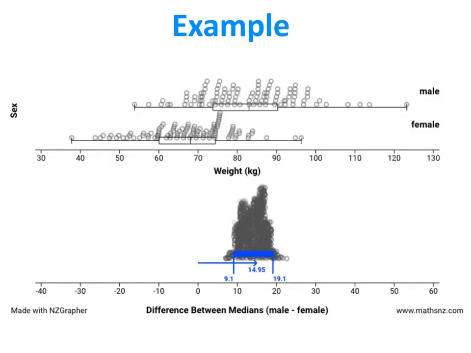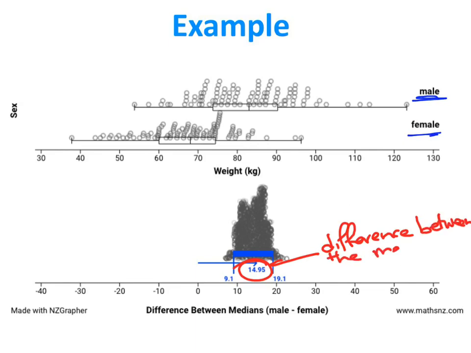So let's have a look at an example of how to do that. On the top here, I've just got my dot plot and box and whisker of my males and females, looking at their weights. And remember, when we did that, we found we had a difference of 14.95. So there is that median difference, the difference between the medians.